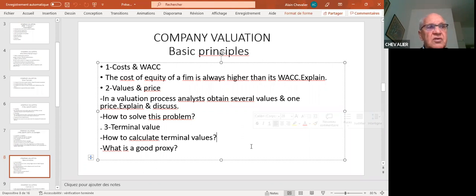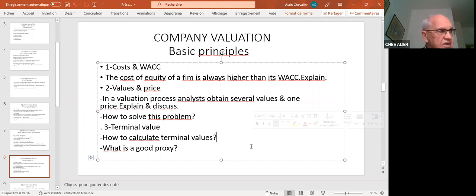First, a large number of you are working for banks, and the accounts of the banks are not exactly the same as the accounts of a non-financial company. That means parts of the calculations are different. And we will find specific elements, specific methods for the banks.